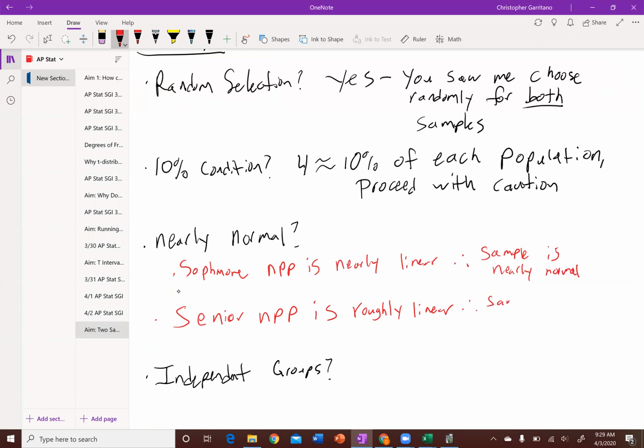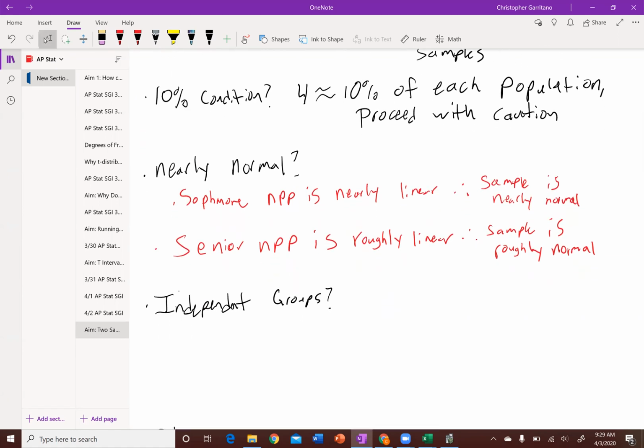Therefore, the sample is roughly normal. Roughly, I guess, is a word that I'm using to be not quite nearly. All right, anyway, we move on. I'm totally fine if you say that you want to proceed with caution for this particular condition.